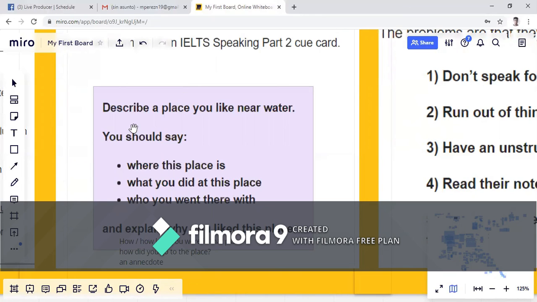You can talk about, I don't know, an experience that you had that was very happy, very exciting, or the opposite, sad. So topics are infinite, okay? But basically they are about objects, places, people, experiences, right?